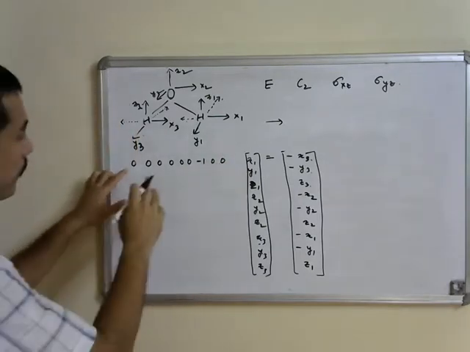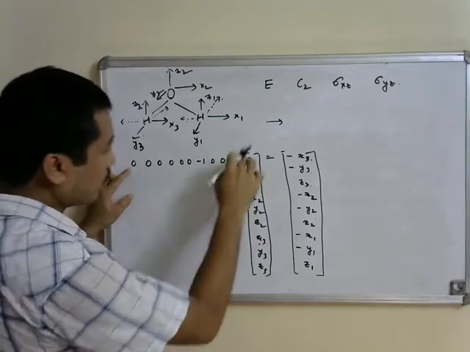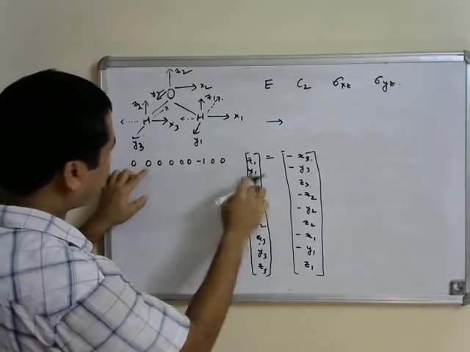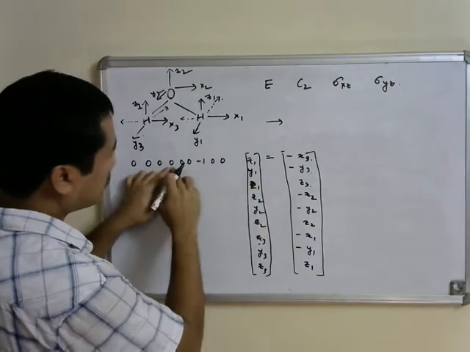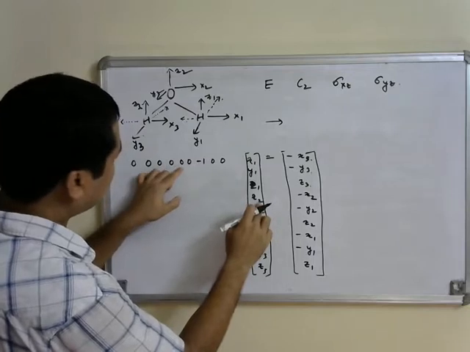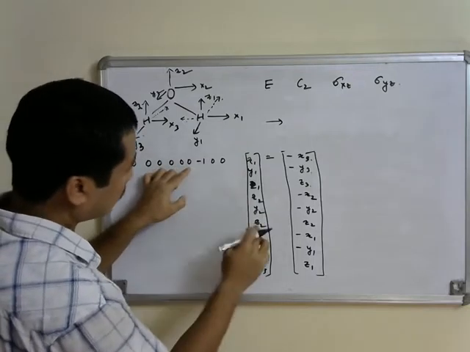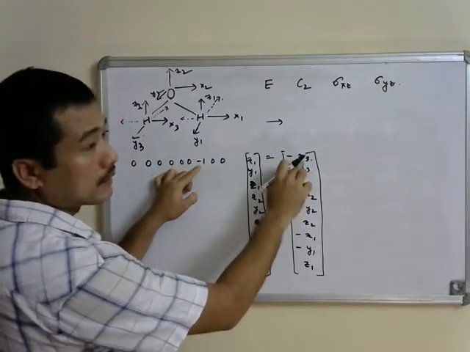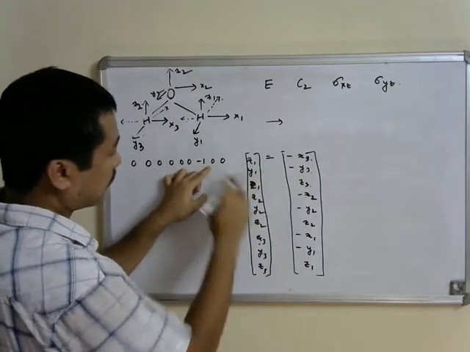Because when we do matrix multiplication, row with column, 0 into x1, 0 into y1, 0 into z1, 0 into x2, 0 into y2, 0 into z2, minus 1 into x3, that will give us this minus x3, and 0 and 0.